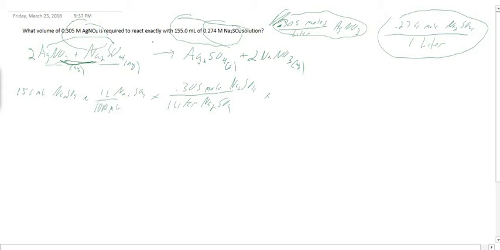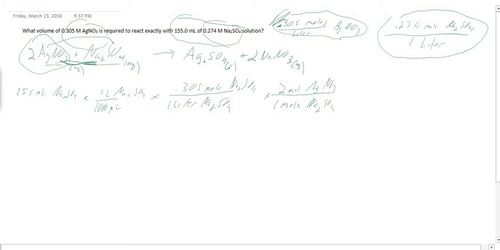Okay, and now I can use my stoichiometry that I figured out that for every 1 mole of sodium sulfate, I am going to consume 2 moles of the silver nitrate.